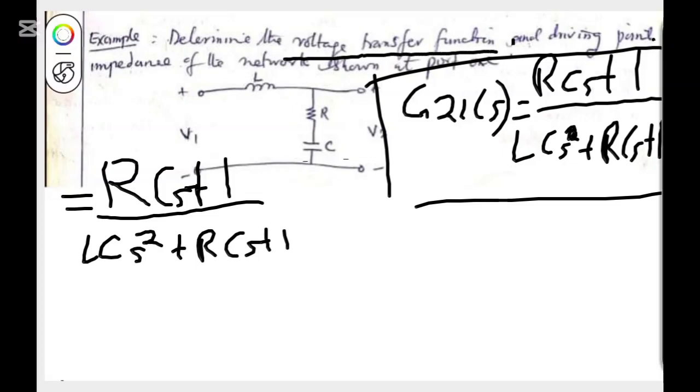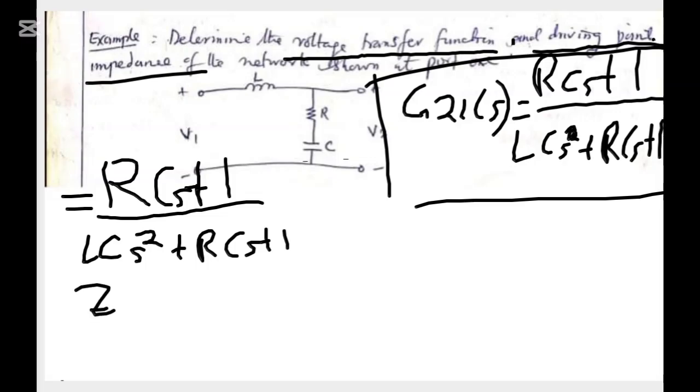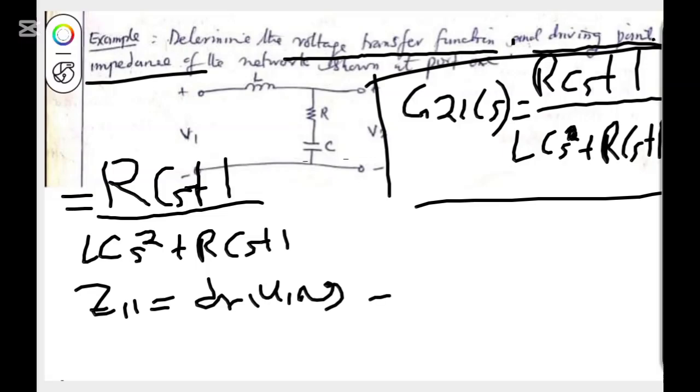So now we are going to find the driving point impedance. This driving point impedance Z11 is the same thing as the driving point impedance, and it will be given by the equation I laid out, which is equation 1.